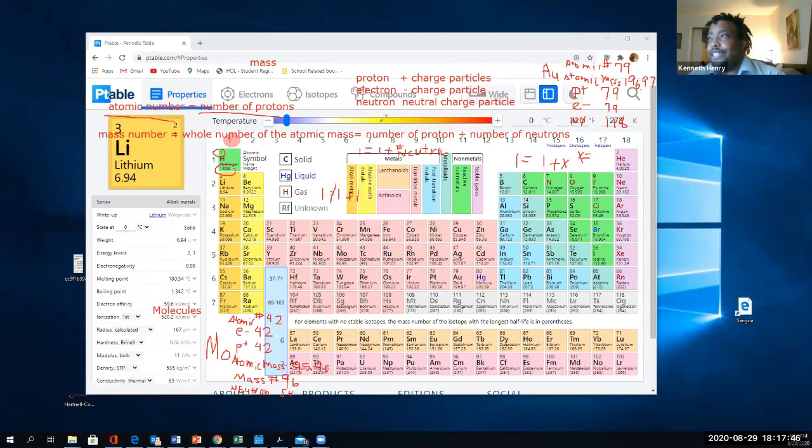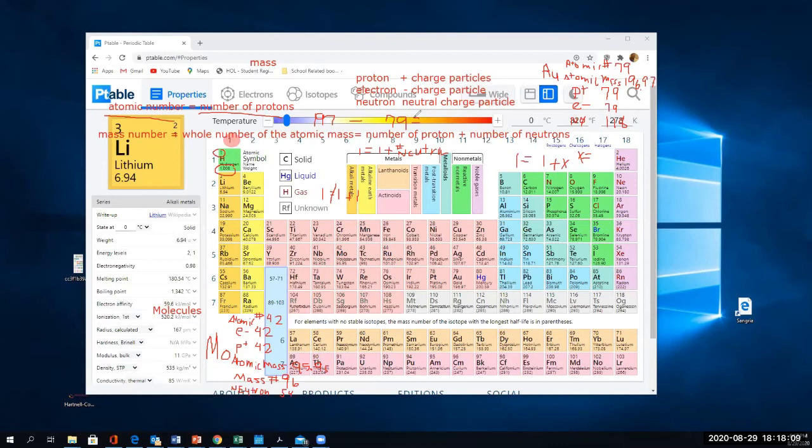So the mass number is 197, and 197 minus 79 is going to equal my number of neutrons, which is 118.